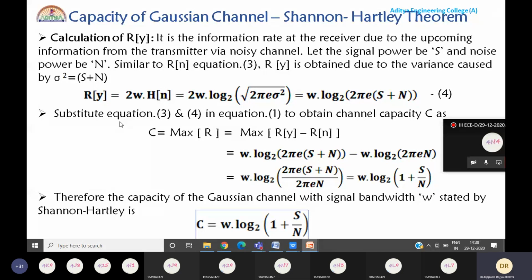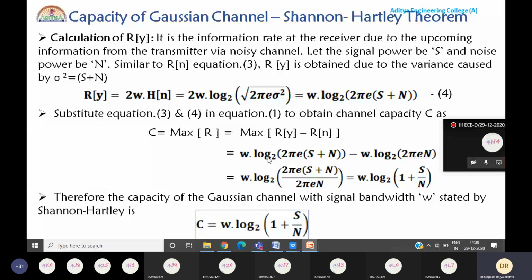Now let us substitute the values of R of Y and R of N from equations 3 and 4. Please substitute the two equations in equation 1. What is equation 1? Channel capacity C is equal to maximum of information rate, which is equal to maximum of R of Y minus R of N. This is the original equation, which we considered as equation 1.